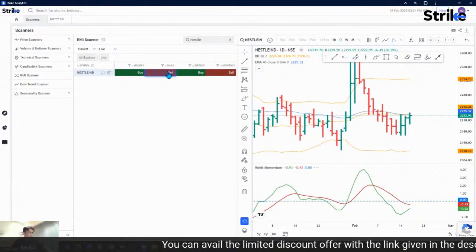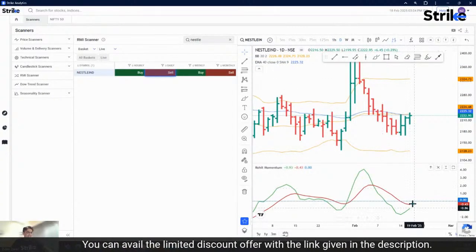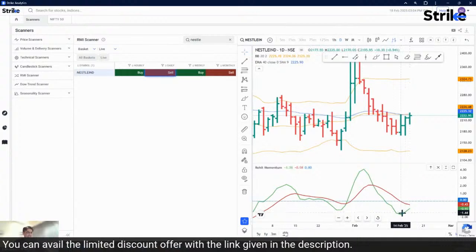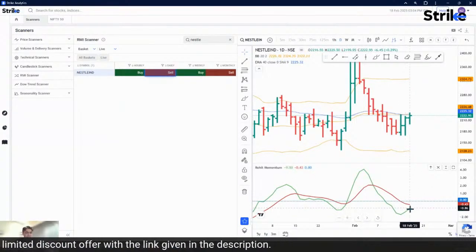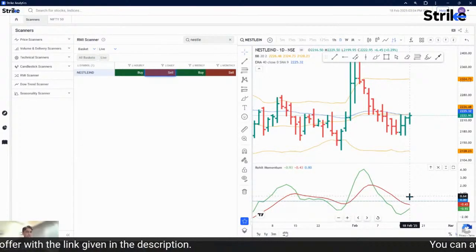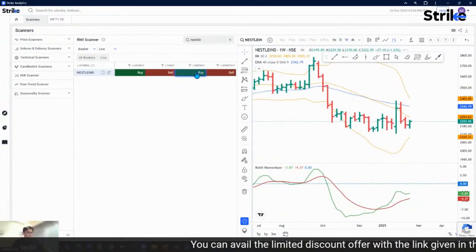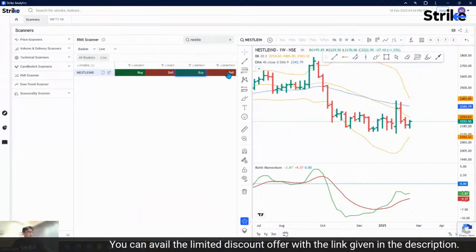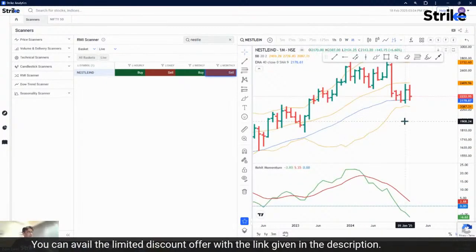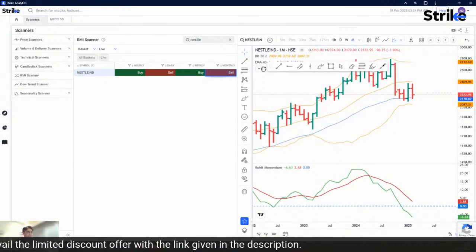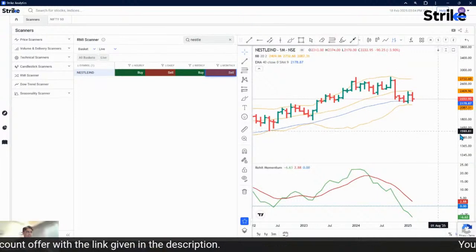On the daily it is in a sell mode. But look at this: until and unless the RMI green line comes above the red line, this will remain in a sell mode. On the weekly it is in a buy mode, and on the monthly it is in a sell mode.